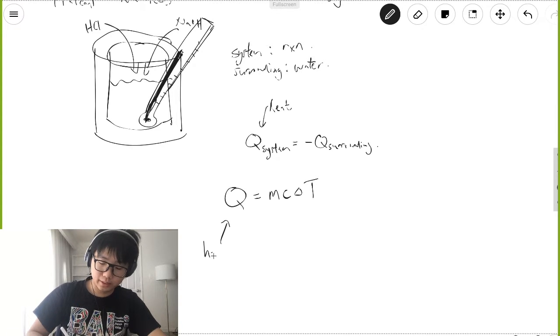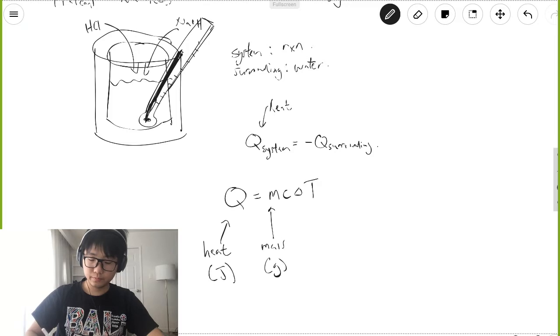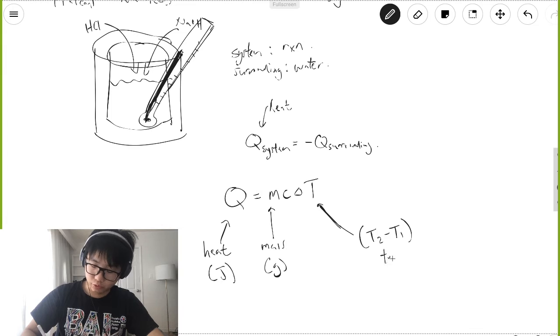Q is the heat that I talked about, measured in joules. m is the mass of the object, measured in grams. And ΔT is the change in temperature. Technically, delta anything is really just final minus initial, or T2 minus T1. Temperature measured in Kelvin.